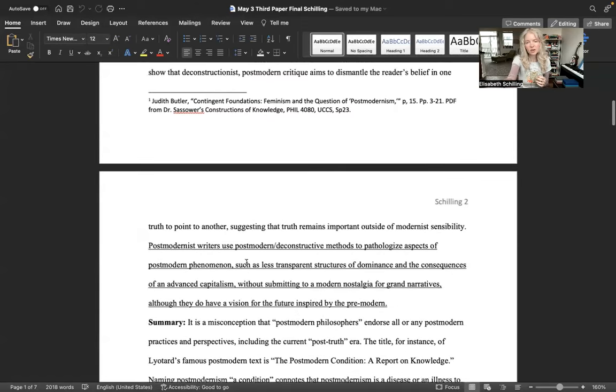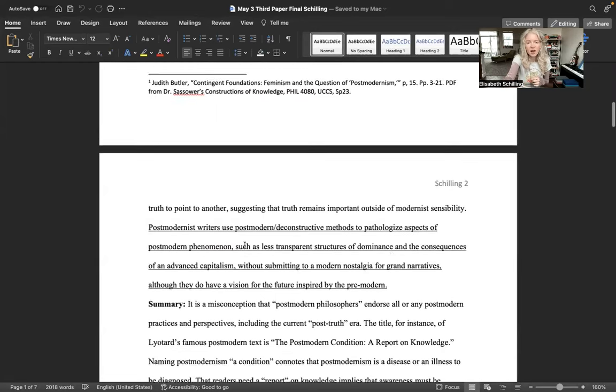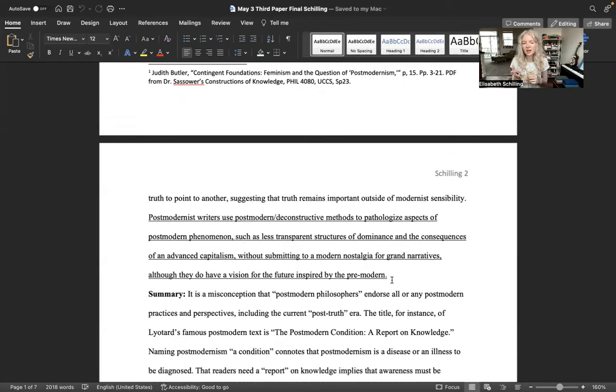I'll go through the actual paper as well. So if you're just interested in knowing what I wrote about, then you can skip ahead. I have underlined my thesis statement for you. I think it's always good to give signposts to your professors, because honestly, you don't know how much time your professor is going to spend grading your paper, reading your paper.